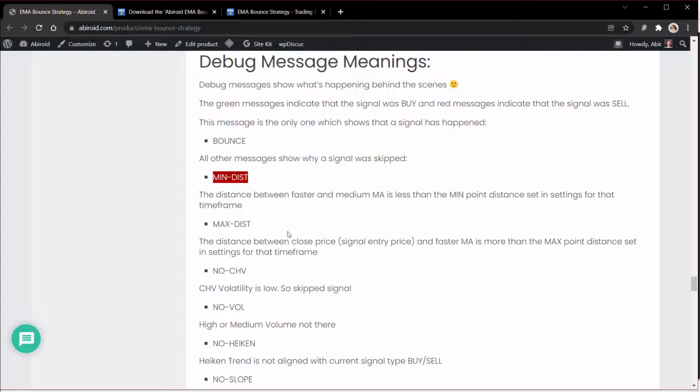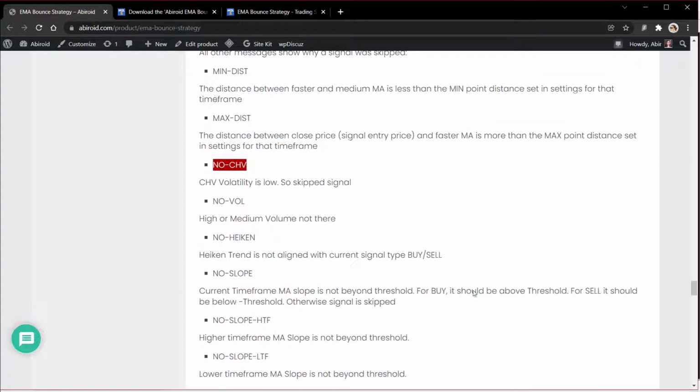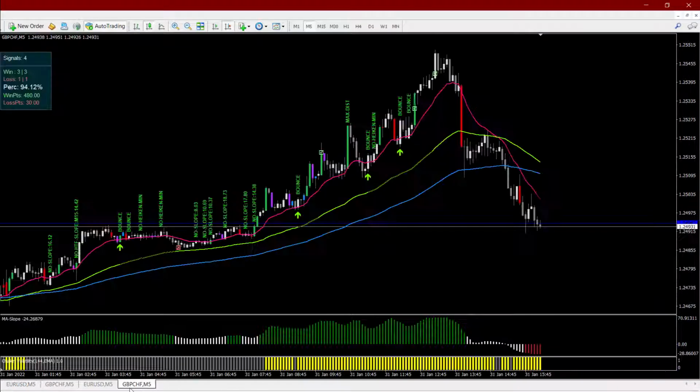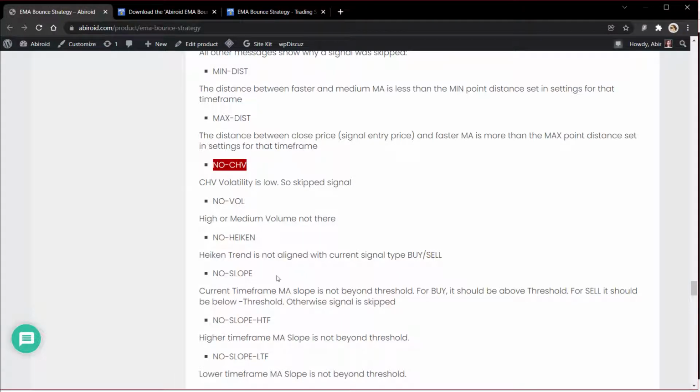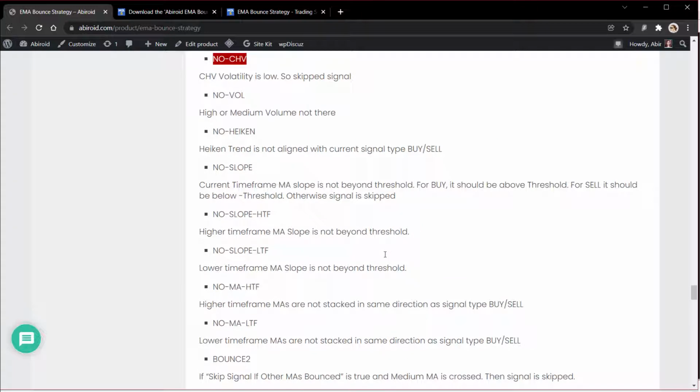When the entry point is too far away from the moving average, the faster MA, then you get this. When volatility is not there, based on this CHV volatility indicator, in that case you get this no CHV and all of these other messages.